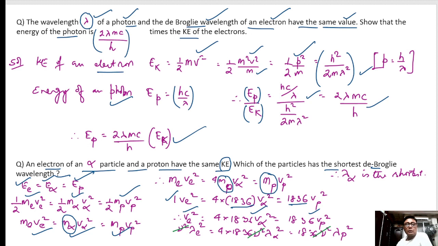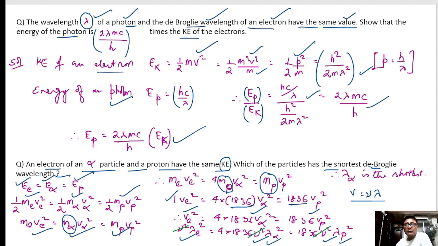So now watch one thing. We know V equal to nu lambda. So this becomes nu square lambda E square, nu square lambda alpha square, nu square lambda P square. So nu square cuts out.